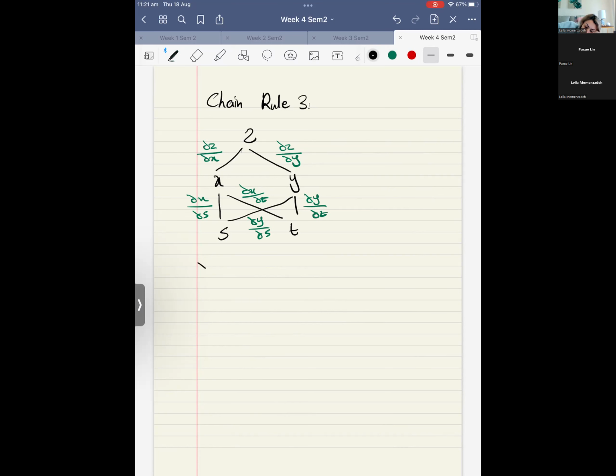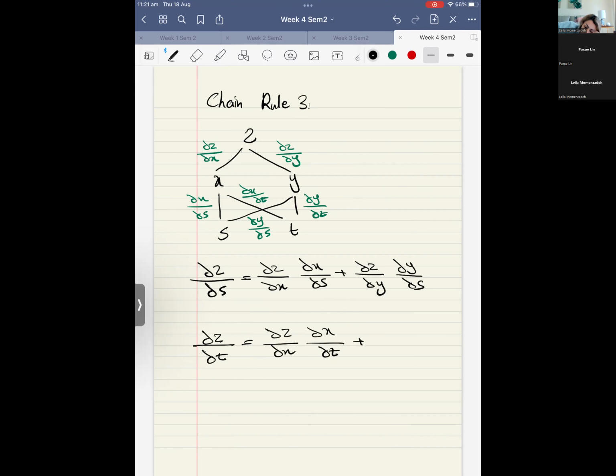It means that ∂z/∂s would be ∂z/∂x ∂x/∂s plus ∂z/∂y ∂y/∂s, and ∂z/∂t would be equal to ∂z/∂x ∂x/∂t plus ∂z/∂y ∂y/∂t.